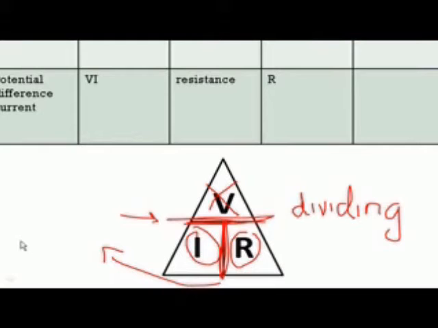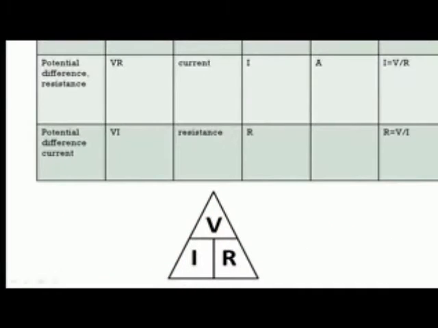So we would multiply current by resistance. This line represents multiplying, and this line represents dividing. We just plug in what we have, and we'll find out what our equation will be.